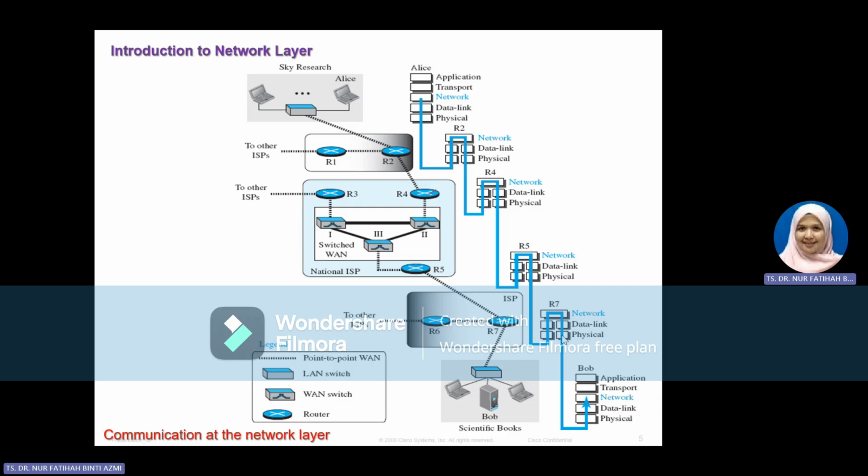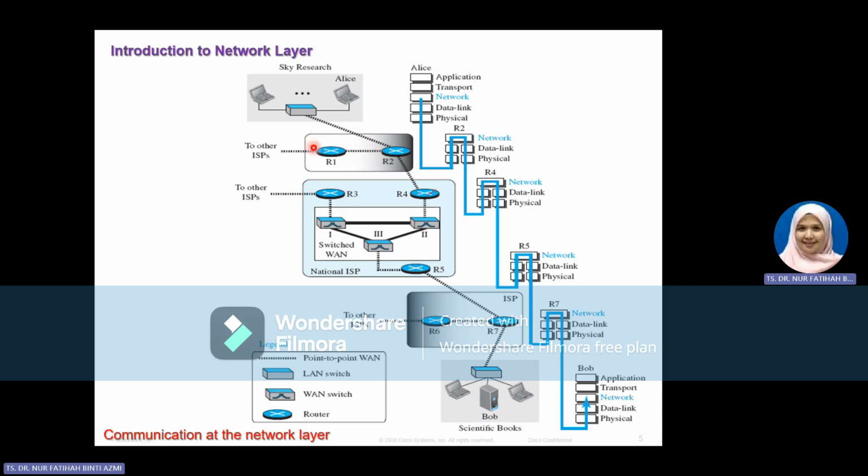Now Alice's data travels through several devices. For example, the first point is the router.